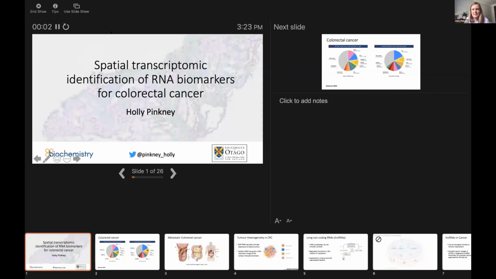Does this look correct to everyone? Is that the right way around? Just swap the displays. That's as far as I go with IT.